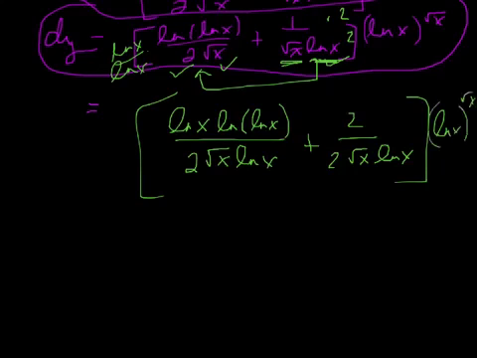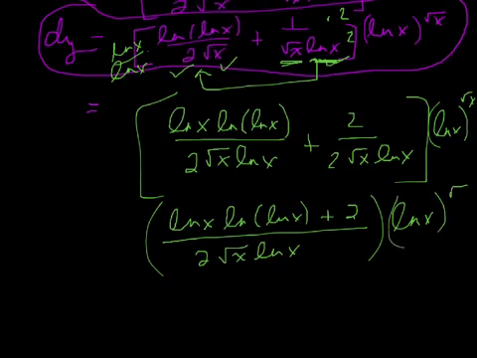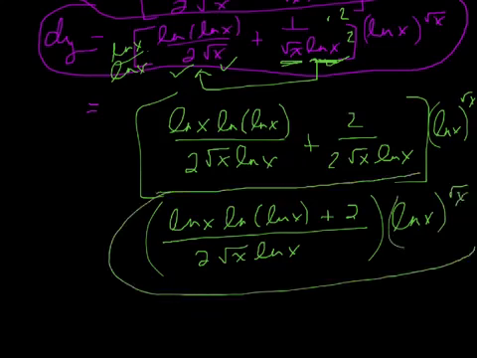And now that you have the same denominator, you combine the two: natural log of x times natural log of x plus 2, all that over your common denominator, and all that is times the natural log of x taken to the square root of x power. That's what the book has. So all they did is one step more than us: combine, get a common denominator. So that's how they got what they got.